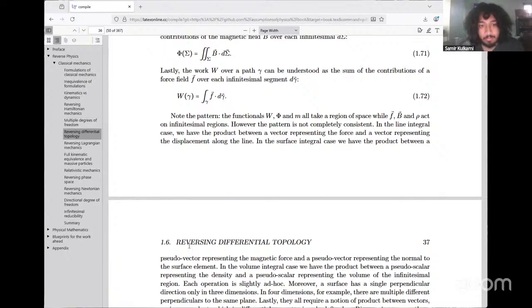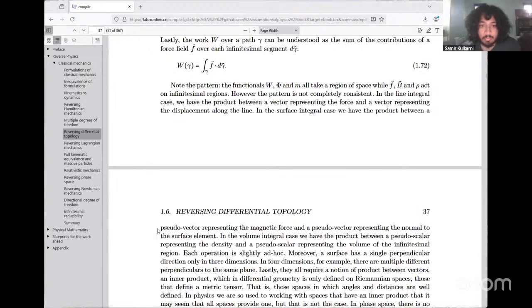Note the pattern. The functionals W, phi, and m all take a region of space, while F, B, and rho act on infinitesimal regions. However, the pattern is not completely consistent. In the line integral case, we have the product between a vector representing the force and a vector representing the displacement along the line.